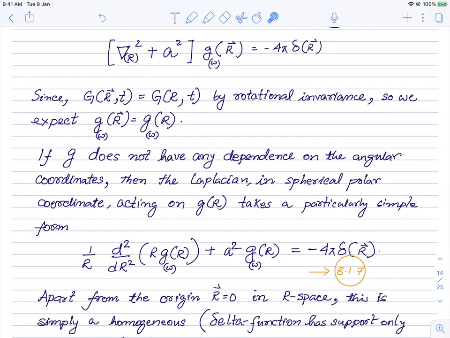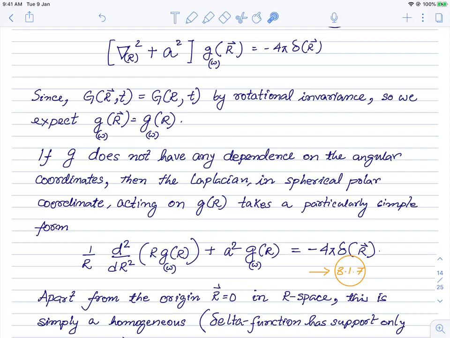Once we put that in, we can write this Laplacian out. You can look up the expression for the Laplacian and massage it a little bit, and you will see that the radial part of the Laplacian, if this is just dependent on the radial direction, can be written in this form: 1 over R d squared dr squared of R times G of R. It can be very useful to remember this radial form of the Laplacian.